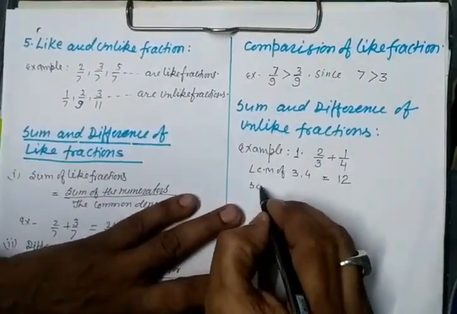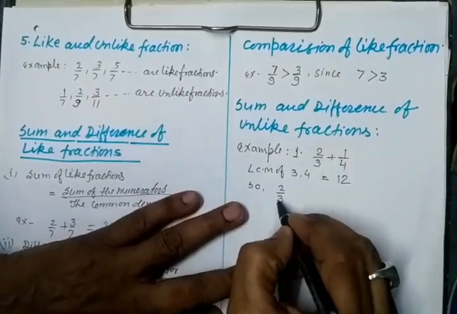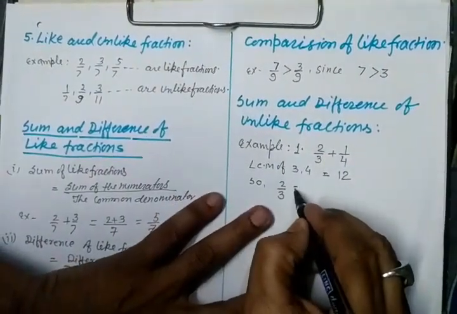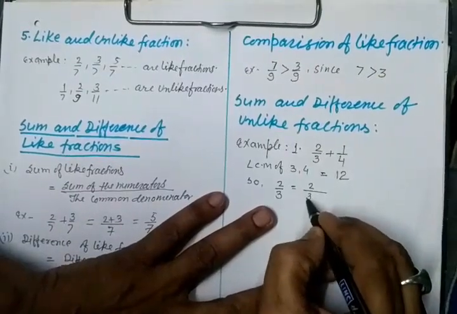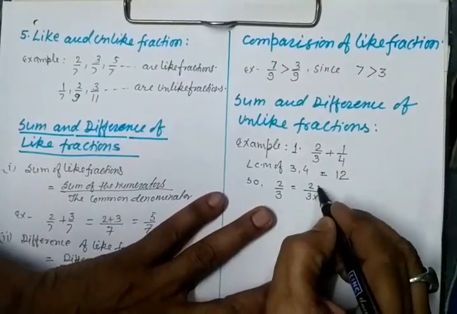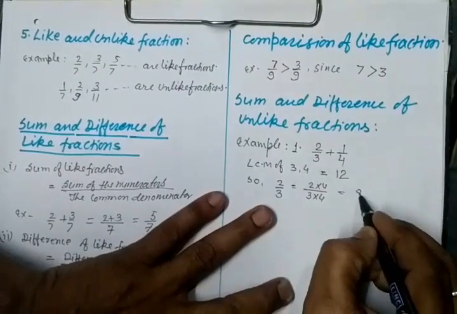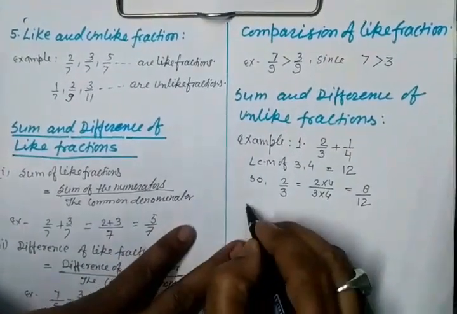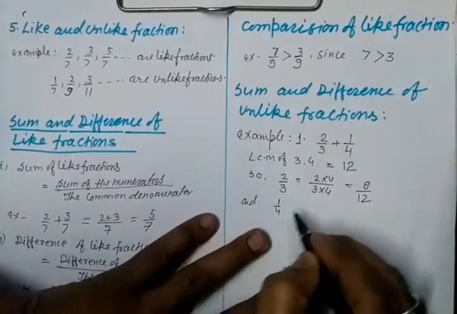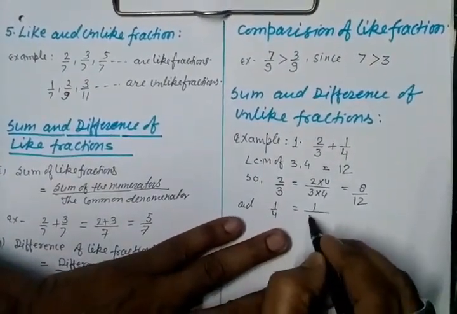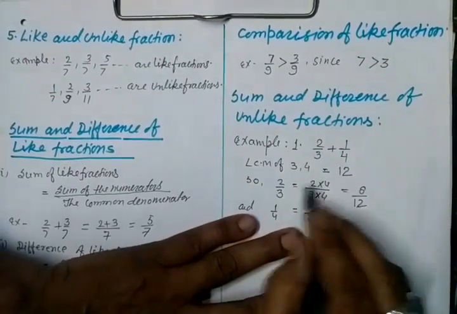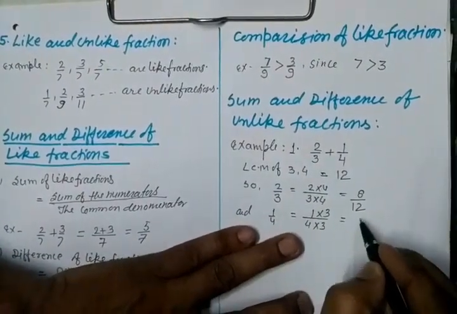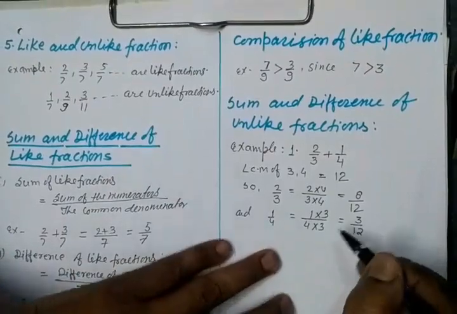So 2 upon 3 is equal to 2 upon 3 multiplied by 4, equal to 8 upon 12, and 1 upon 4 is equal to 1 upon 4, 4 3s are 12, multiply by 3 in numerator and denominator both, we get 3 upon 12.